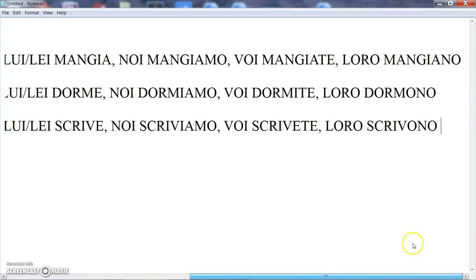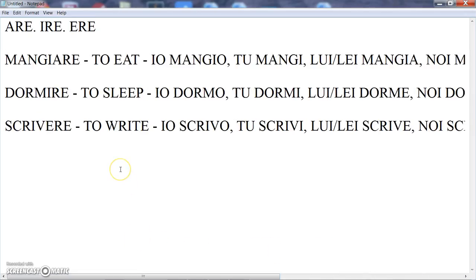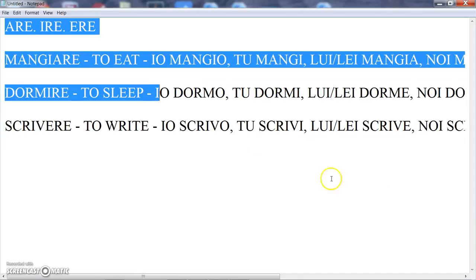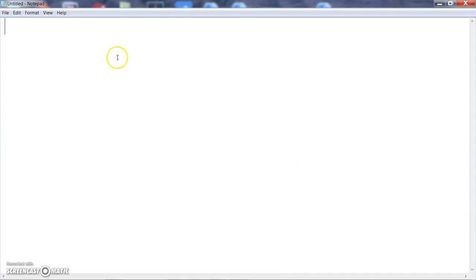So yeah, it's just a matter of looking at a chart and understanding what changes. For example, I'll get rid of this. If you want to say you guys eat, you wouldn't say voi mangiate with the wrong ending.